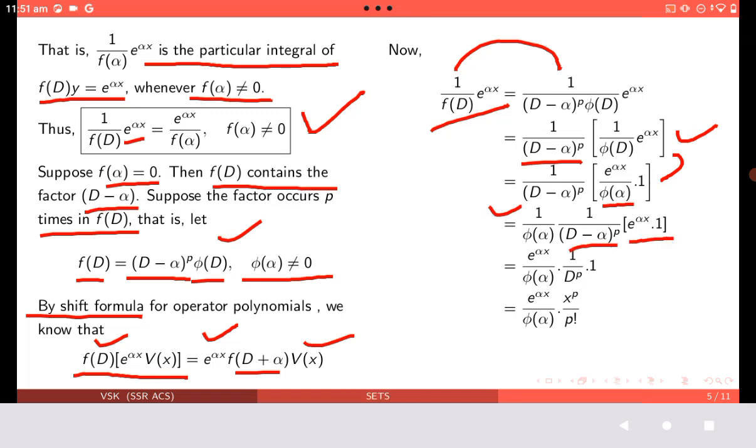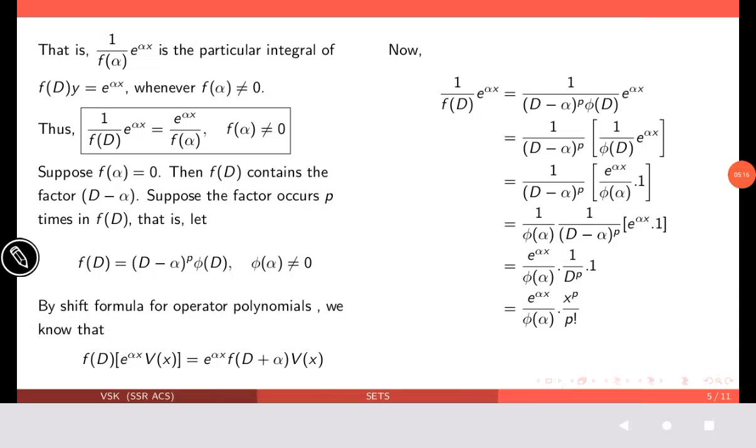Now using the shift operator, this e to the power alpha x goes out, and this becomes D plus alpha minus alpha. So this simply becomes D. So this will become 1 upon D to the power p on 1.